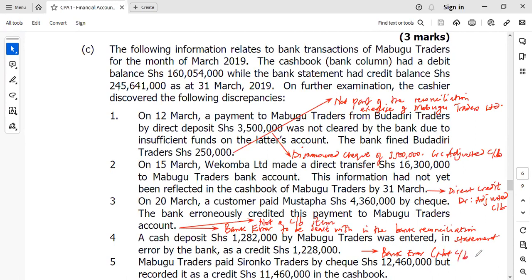It's not a cash book item. We shall deal with that when it comes to the bank reconciliation statement calculation.